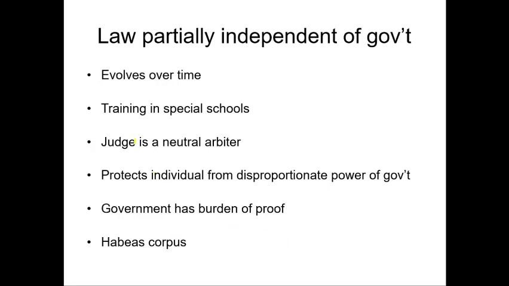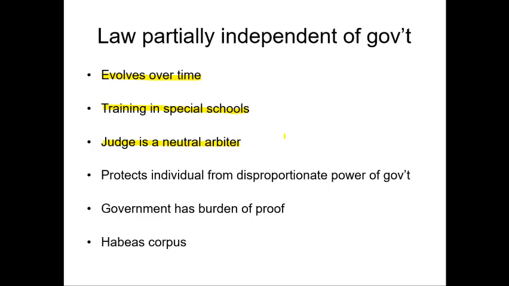So our system of law has evolved over time, and is still evolving, particularly on the international scale, which we would talk about in another class in quite a bit more detail. And people who are trained in law are trained in special schools in order to be experts at dealing with the law. The judge is considered a neutral arbiter.